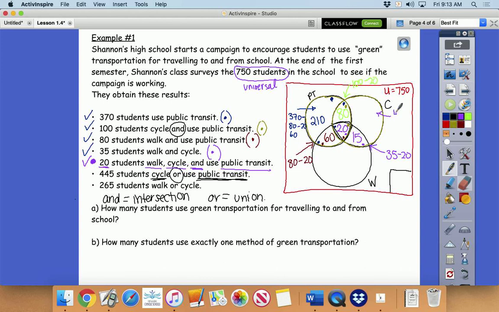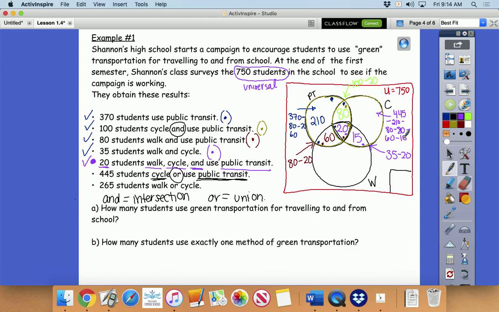So we're going to take 445 and we're going to subtract all the parts of the yellow circles that I just outlined. So we're going to subtract the 210. We're going to subtract the 80. We're going to subtract the 20 from it. We're going to subtract the 60 from it and the 15.